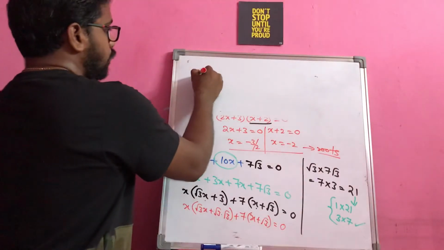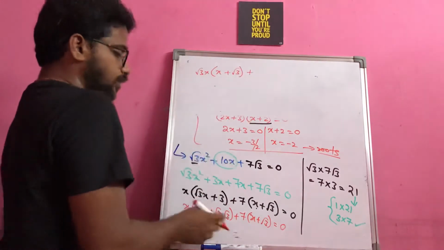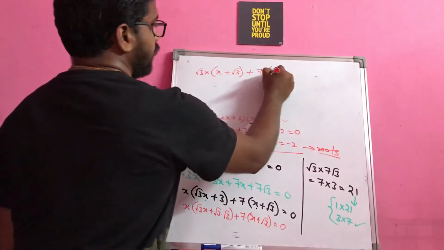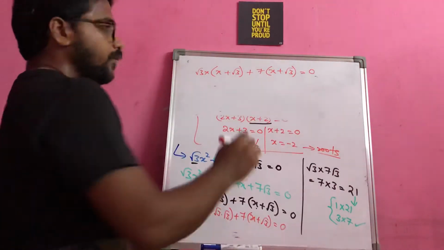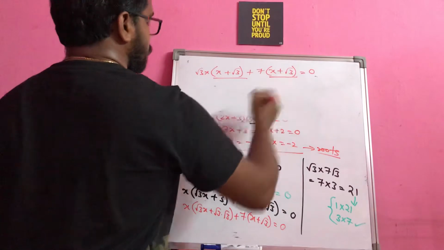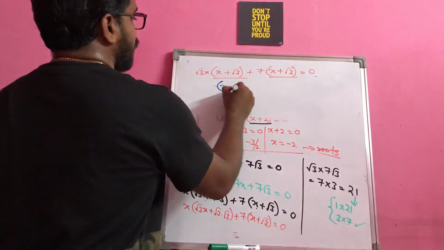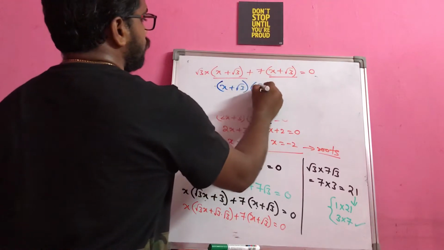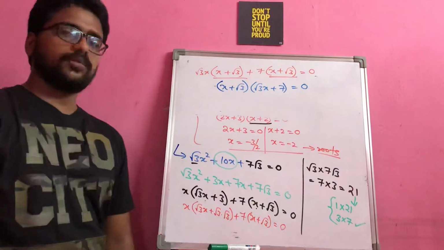If you take the root 3 out, you will get root 3x, and inside will be x plus root 3, and this is 7 into x plus root 3 equal to 0. You can observe now x plus root 3 is the common term here. So you will get x plus root 3 into root 3x plus 7 equal to 0.